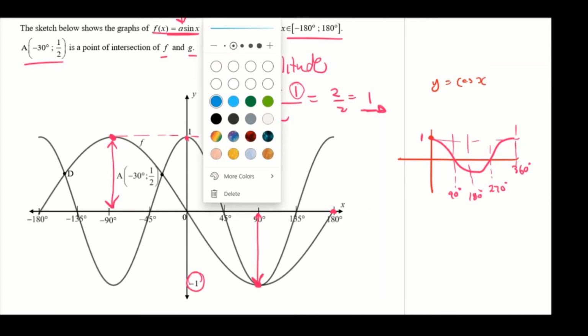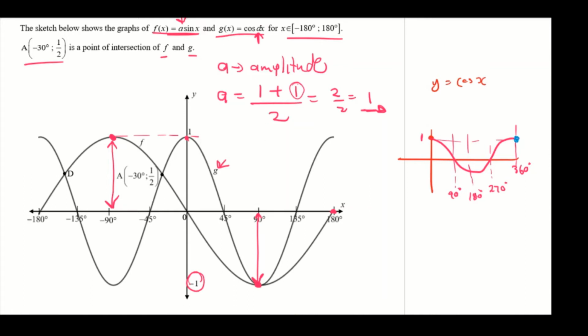The graph ends at 360, and the normal value of x is 360, right, where the graph ends. But according to this g of x, it ends at 180. So it means that the normal value of x was divided by 2.